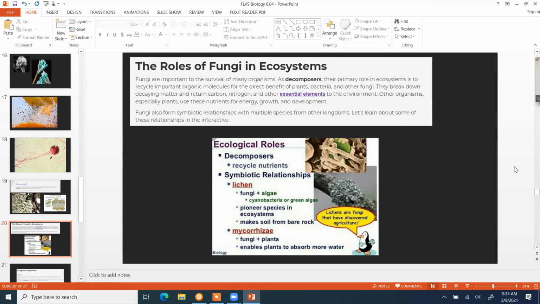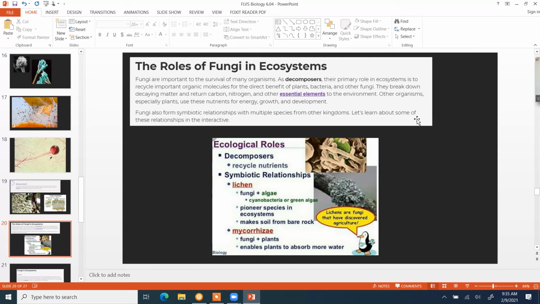Fungi have many roles in ecosystems. Fungi are decomposers, right? They're decomposers because they break down dead organisms and other kinds of decaying organic matter and then return the nutrients back into the ground. Any plant or animal is filled with all kinds of nutrients.